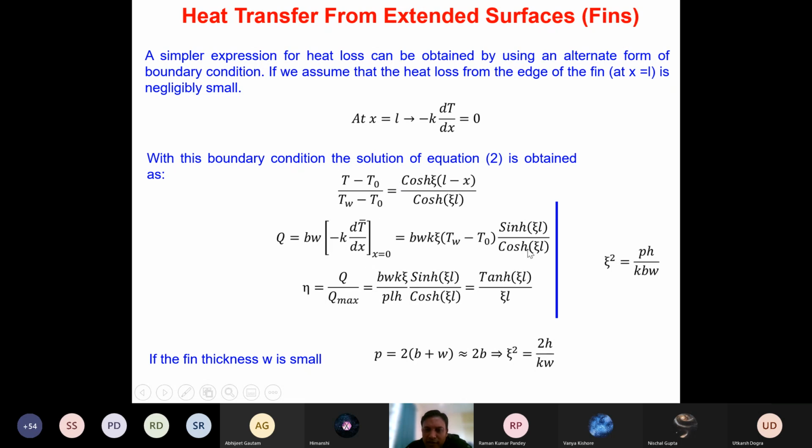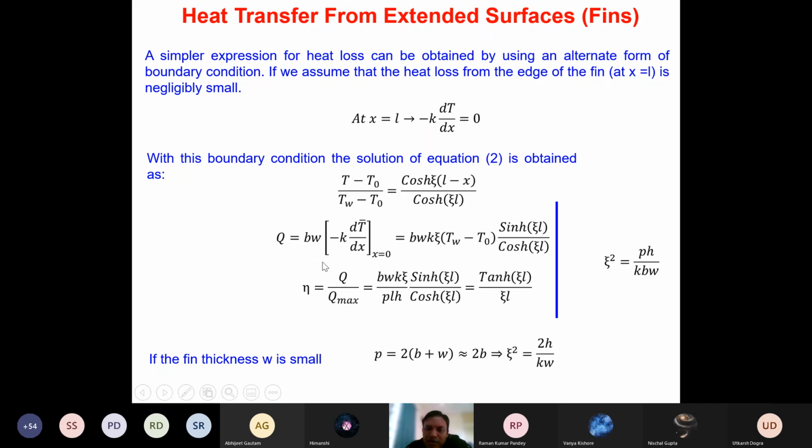The cosh zeta L is a constant term, so you only have to differentiate the numerator. That will be sinh zeta L, and the minus sign will get cancelled out with this, isn't it? And this TW minus T naught will come out on the right hand side. That's why we are getting B W K zeta (TW minus T naught) sinh zeta L by cosh zeta L.